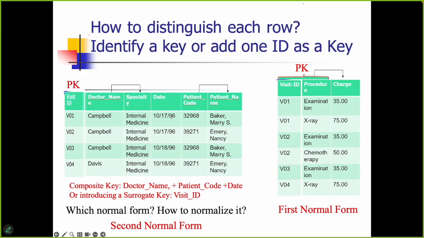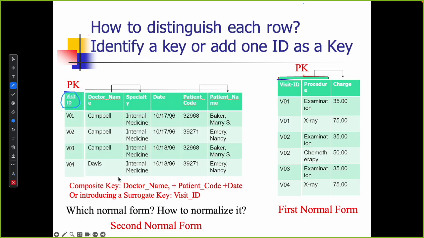Now that we have visit ID as the primary key, we have a single primary key. In a table with a single primary key, can we have partial dependency? No, we cannot. Because partial dependency means you have a column that depends only on part of your primary key. The primary key has only one part, visit ID, so there is no possibility of having partial dependency. So the table is already in 2NF.